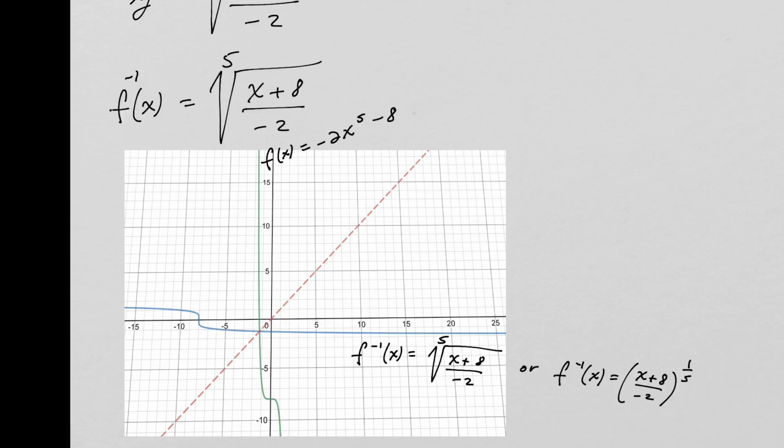So the 1/5 becomes my exponent. Okay, so that's the blue. And notice that, again, they are symmetrical as they should be. Symmetrical about that line. This is the line y equals x. So the input to one function becomes an output, and the output becomes the input to the inverse function. So again, the roles flip.